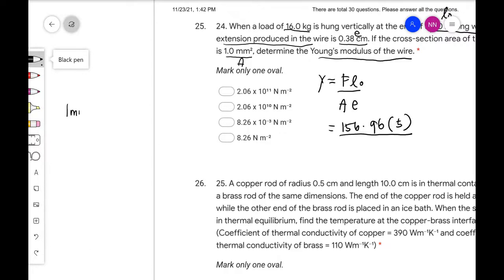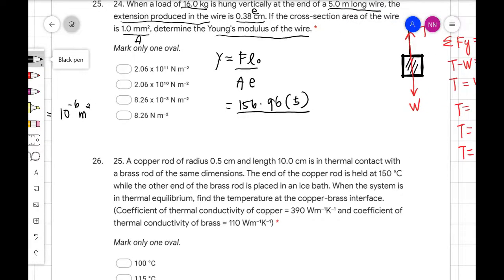1 millimeter equals 10 to the power of negative 3 meter. So 1 millimeter squared equals 10 to the power of negative 3 meter squared, which equals 10 to the power of negative 6 meter squared. Now you can substitute.